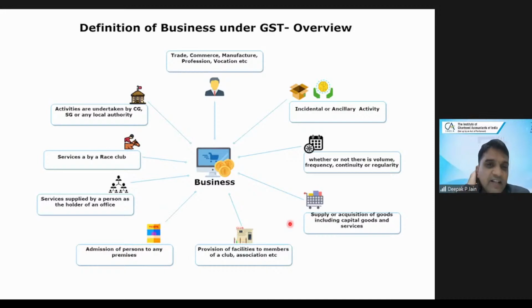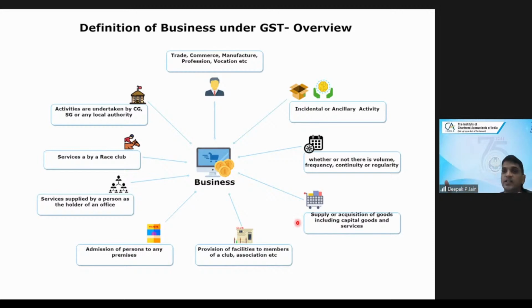Then, activities undertaken by the central government, state government, or any local authority. Any transaction or business they do is also treated as business. So government doesn't get excluded completely. The question of excluding subsidy is separate. When the government gives some subsidy, there is no supply. Here, when the central government, state government, or any local authority is involved in any business, you cannot say it's government, so it is not business.